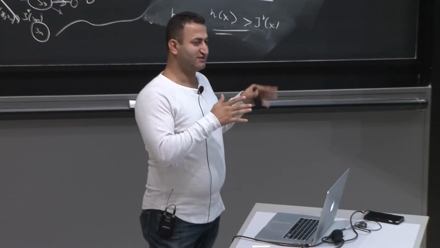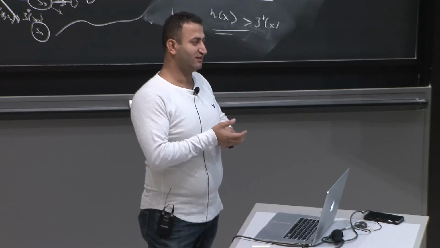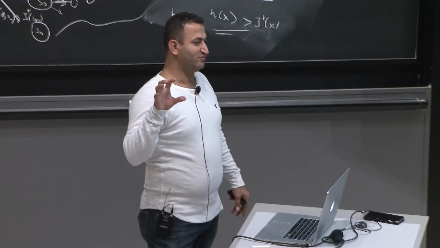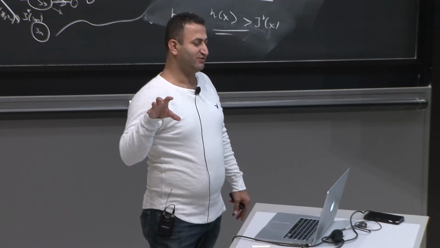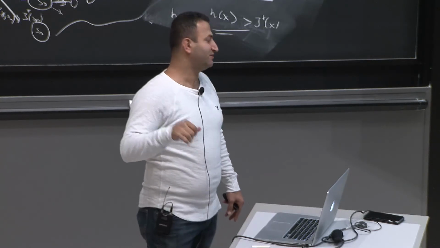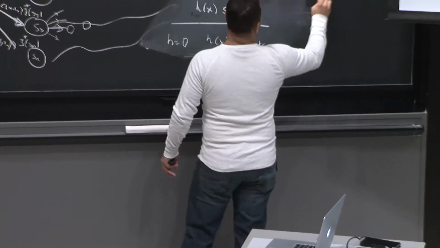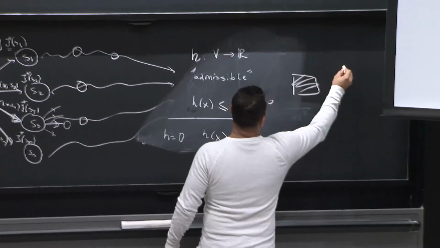If you don't do discretization very well, like if you use a very coarse resolution, you may get a very fast algorithm. It may find a path very fast, but the path will be poor. You are here, you want to go here.